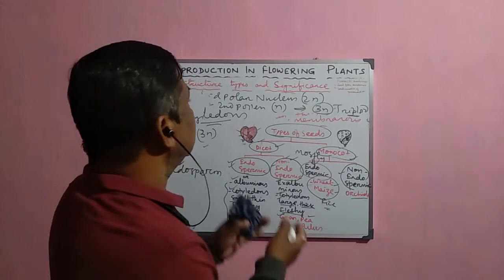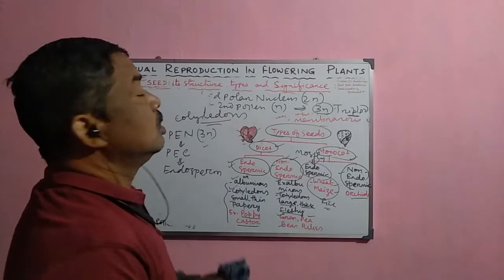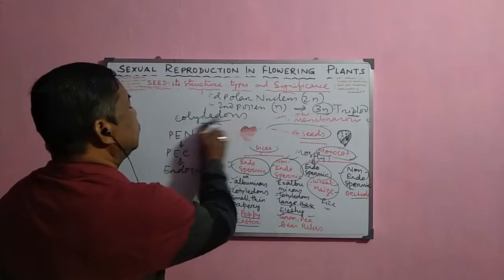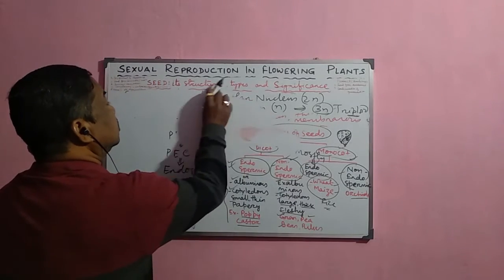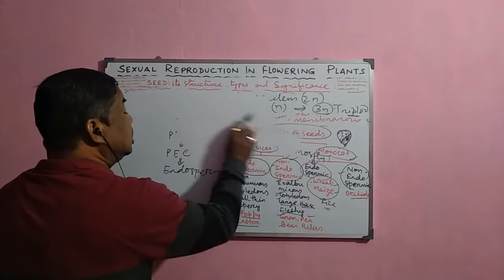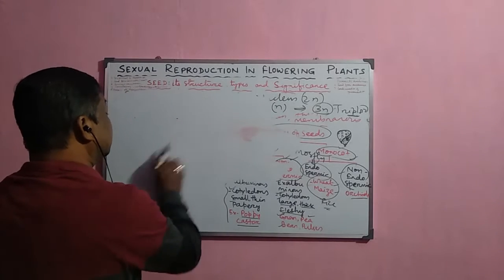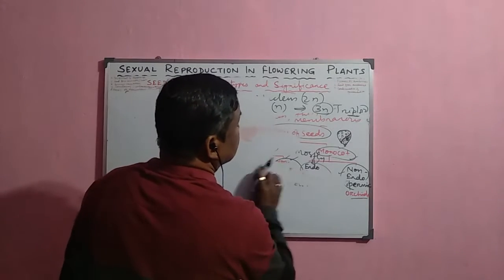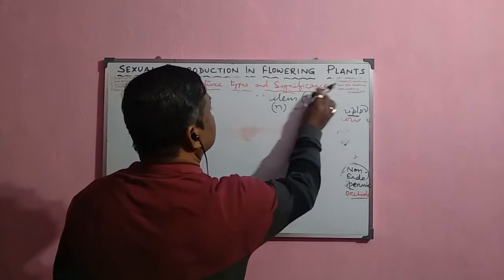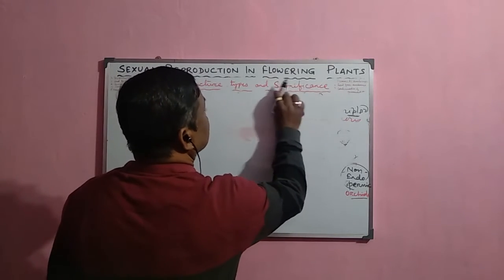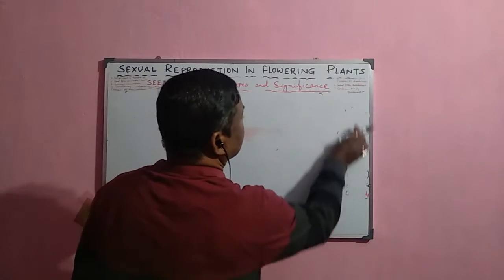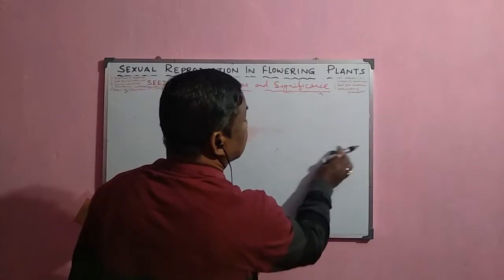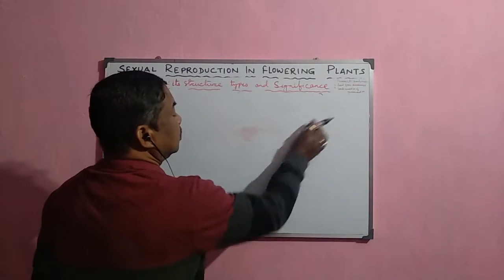So in the different groups of flowering plants, or angiospermic plants, we will find different types of seeds, and these seeds normally play a significant role in the life cycle of the angiospermic plant.